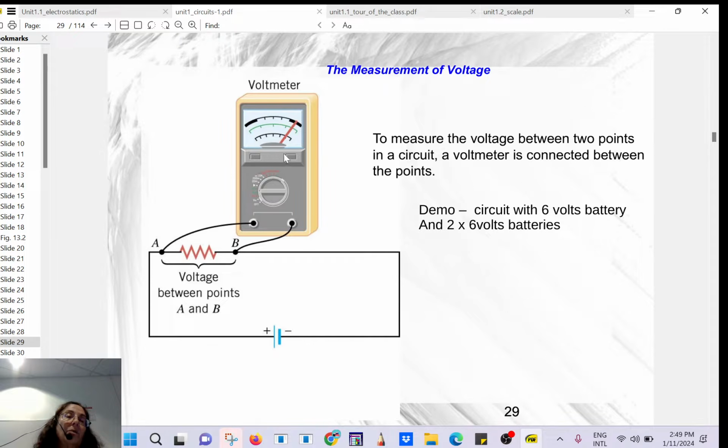When you are measuring the voltage, you have to close the circuit first, and you are measuring a voltage drop. It's very important to understand that when you are measuring voltage, there is a very large resistance, so almost no current will flow through it. That's why I didn't get in trouble here.